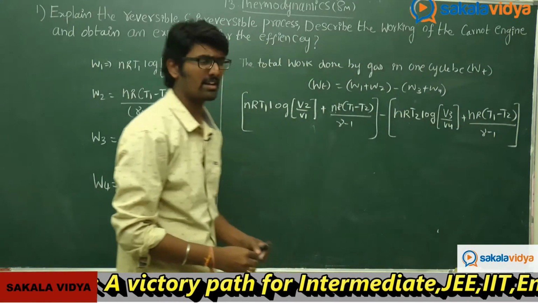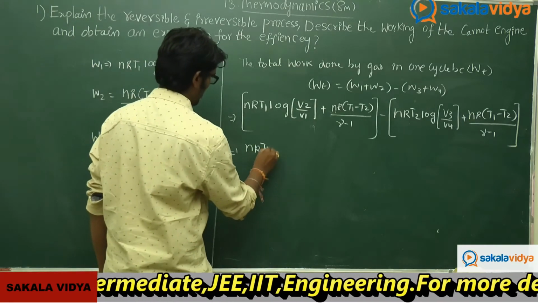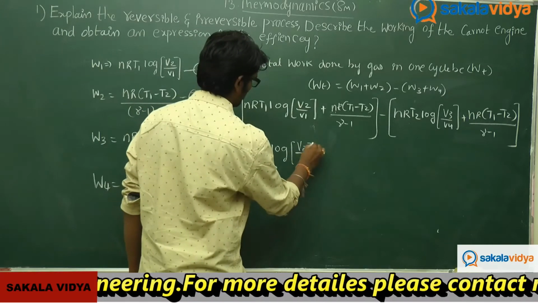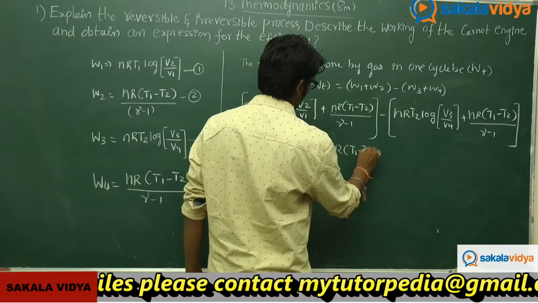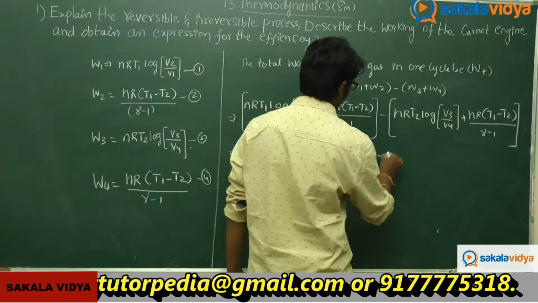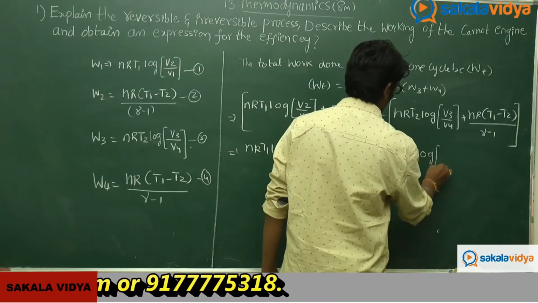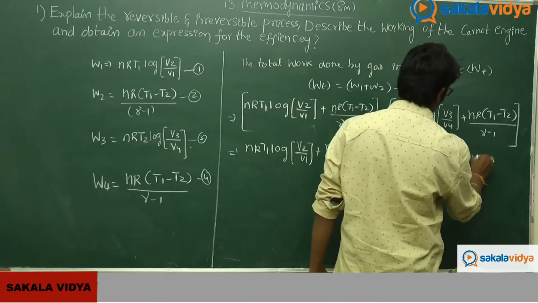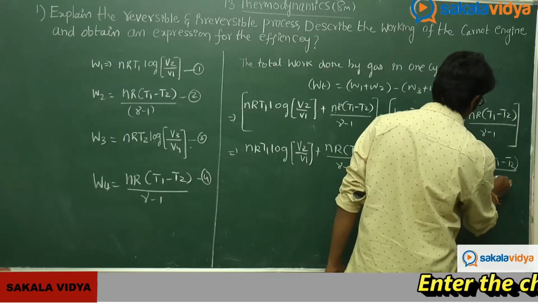So let us subtract. So nR T1 log V2 by V1 plus nR (T1 minus T2) by (gamma minus 1) minus nR T2 log V3 by V4 minus nR (T1 minus T2) by (gamma minus 1).